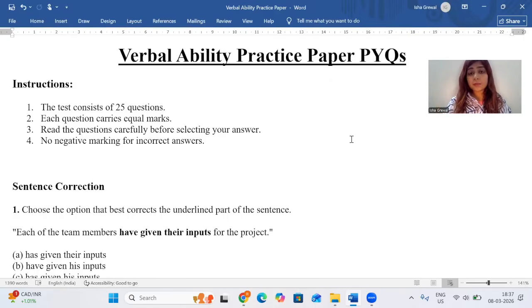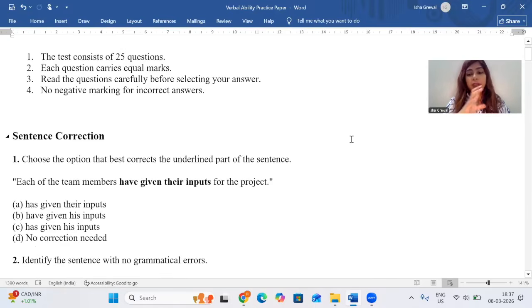When we talk about any company's recruitment, the first thing you must understand, which I have already addressed but am going to do again, is that every company has a different parameter of giving the questions. They have different patterns. Sometimes you might get 25 questions, sometimes 20, right?